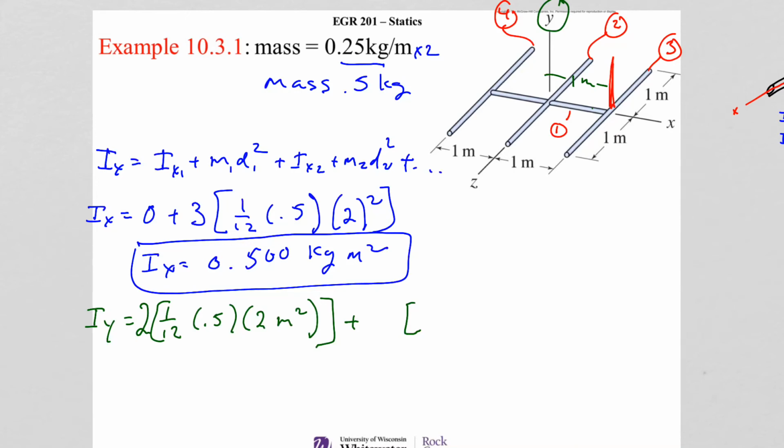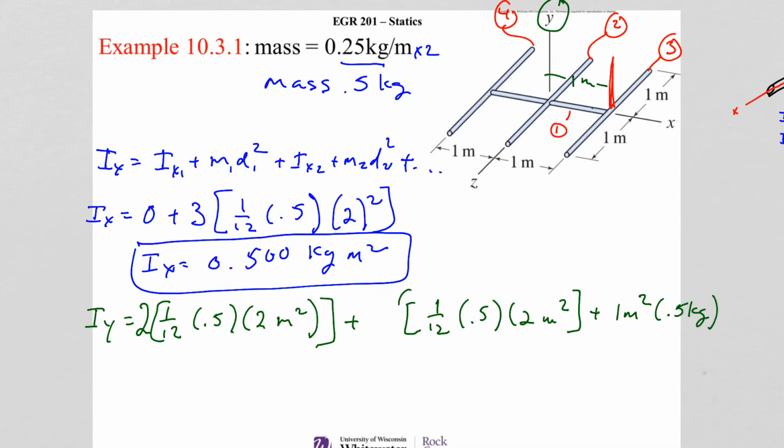So let's look at that. For this one, I have 1/12 times 0.5 times 2 meters squared, plus now the parallel axis, 1 meter squared times my mass of 0.5 kilograms.